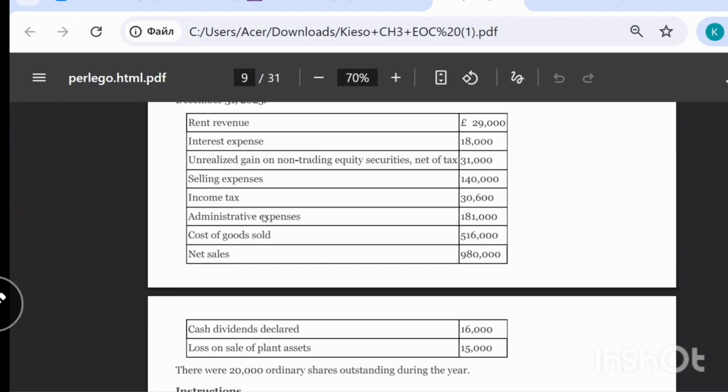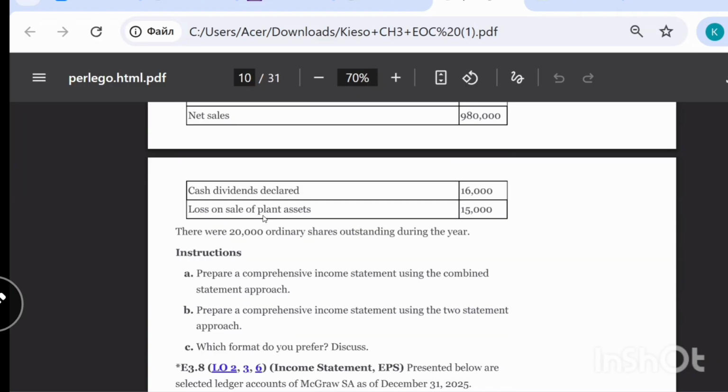Our comprehensive income statement also depends on cases such as changes in exchange rates or changes in shares. The combined statement approach means that in one comprehensive income statement we have all the main points in one statement. Requirement B is to prepare a comprehensive income statement using the two-statement approach.